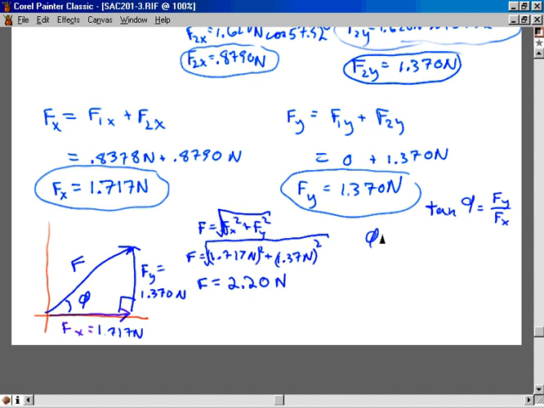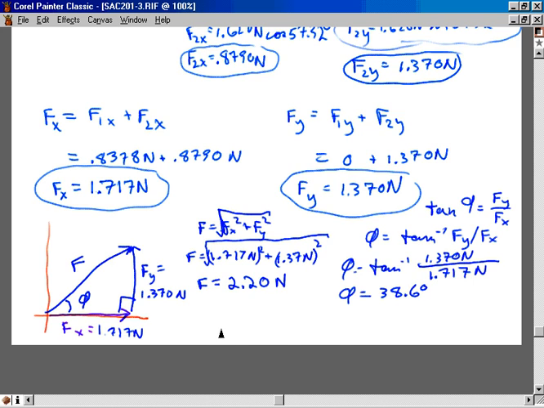So phi itself is the arctangent of Fy over Fx, or phi is arctangent of 1.37 newtons divided by 1.717 newtons. So phi is, evaluate that, I get 38.6 degrees.